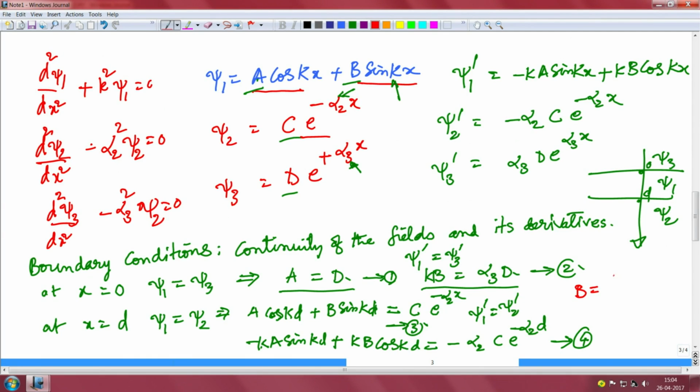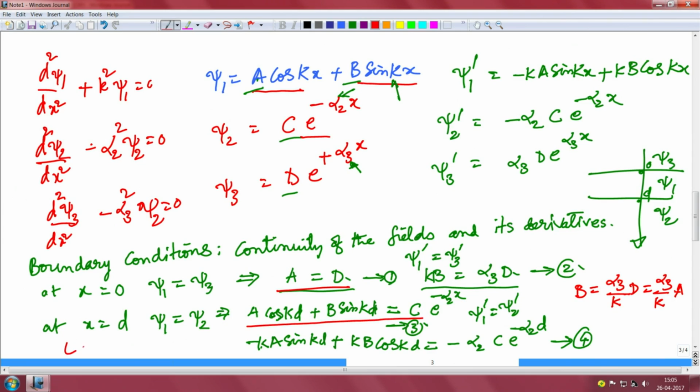B equals alpha 3 by k into d, and since we have found from the first that d equals a, b equals alpha 3 by k into a. These are the two constants we have eliminated, and by using the third equation we can get an expression for C.